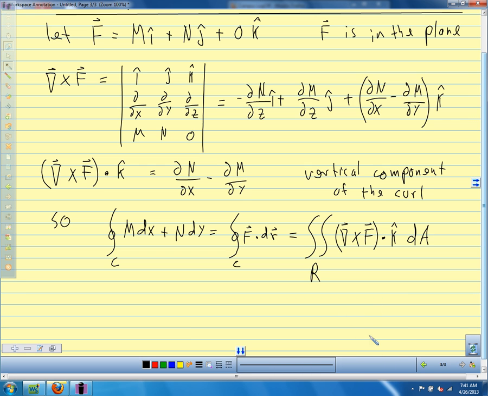All right, questions? The dot product that you did, how does that work? Yeah, so we did the dot product because, when we take the dot product, it's the i component of this vector times the i component of this vector, which is 0. The j component of this times the j component of that vector is 0. The k component of this times the k component of that vector is just this times 1.